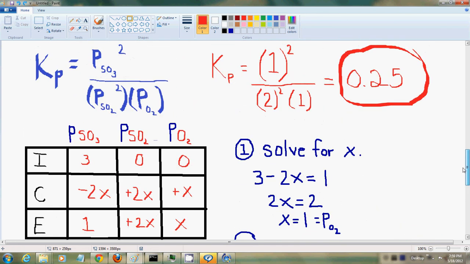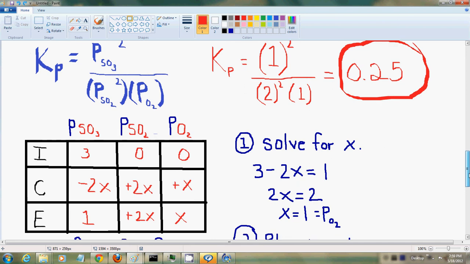Since you already wrote your Kp expression before, you've made it very simple for yourself. All you have to do is plug in the partial pressure values that you have found along with the equilibrium pressure of your products that you have been given, and you basically made it very simple to find Kp now. So obviously you're given the partial pressure of your product, sulfur trioxide, is 1 atm at equilibrium. And we found the partial pressure of oxygen to be 1 atm down here, and we found the partial pressure of sulfur dioxide to be 2 atm down here.